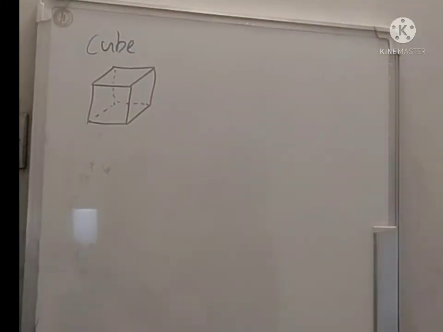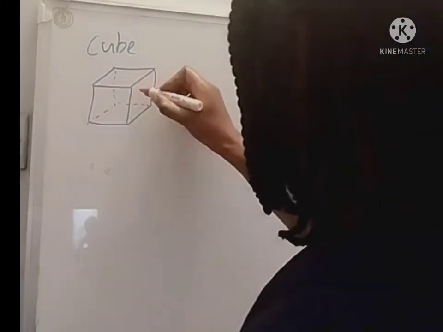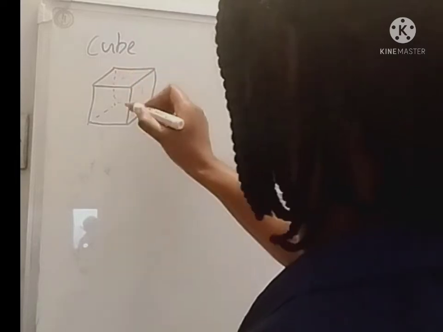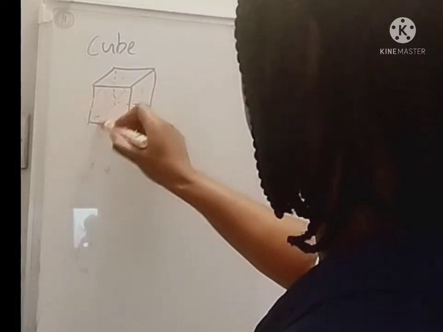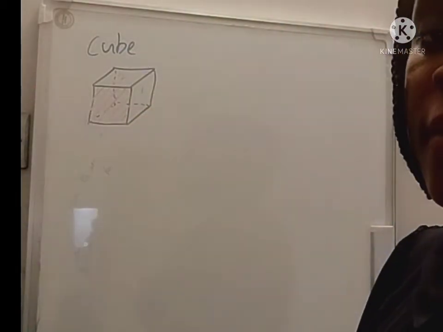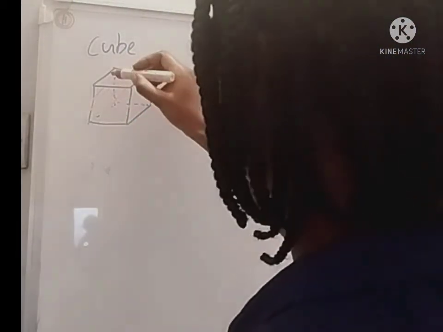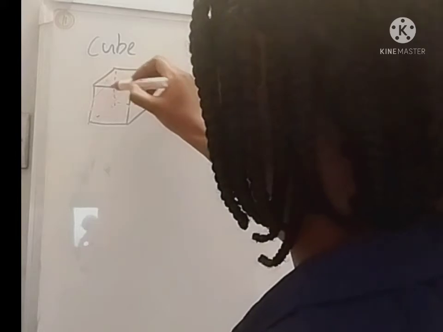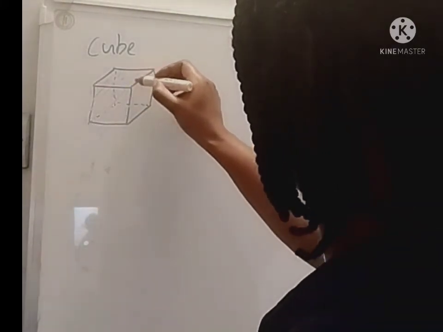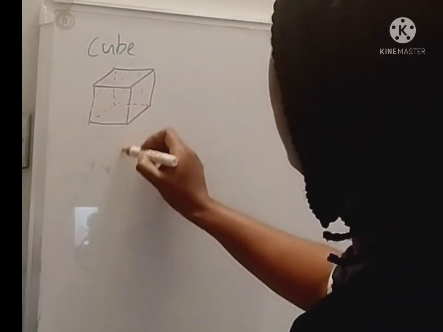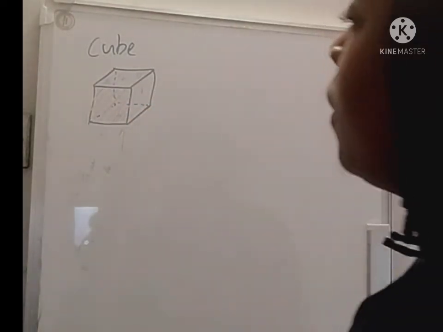It has 6 sides. This is one side, this is the second side, this is the third side, this is the fourth side, this is the fifth side, and the flat one under is the sixth side.